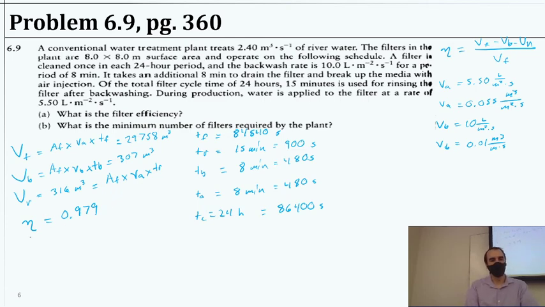So pretty good. And you can leave this as that fraction. You can put it as a percentage. I don't mind either way. Obviously, the equation is giving it as that fraction, essentially the fraction of water that was actually usable compared to the amount that was filtered. So that's all part A.